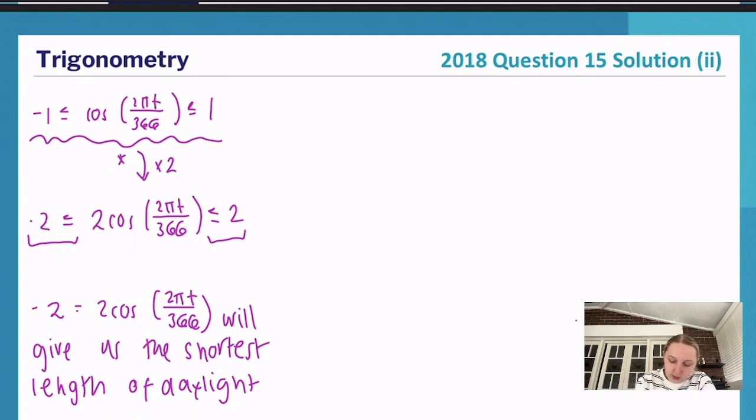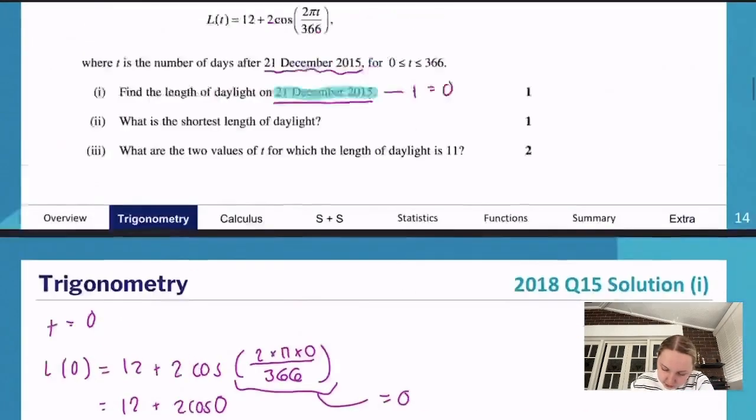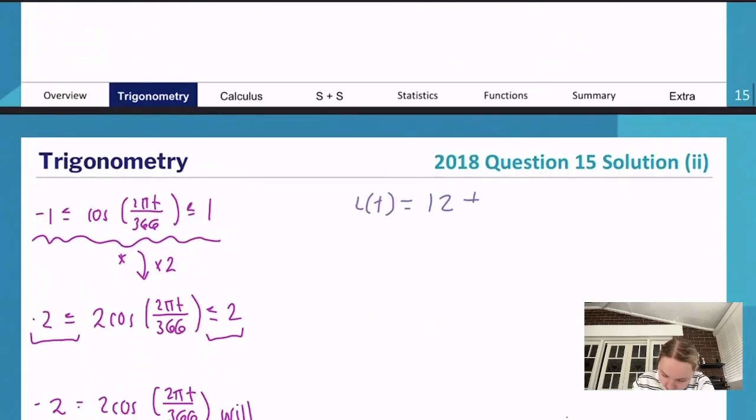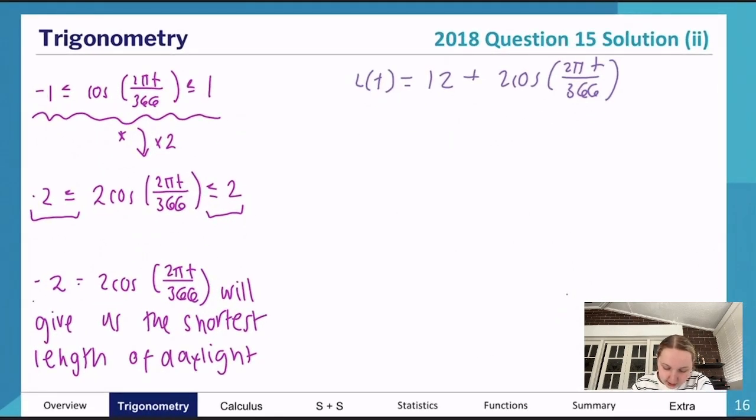So we've got our equation, which is L of t is equal to 12, minus, well, let me check if it's minus or plus, 2 cos 2 pi t on 366. And then we've just said when 2 cos 2 pi t on 366 is equal to -2, that's when we're going to get our shortest length of daylight. So then what we're going to do is sub in what we've said is going to be here, which is our -2.